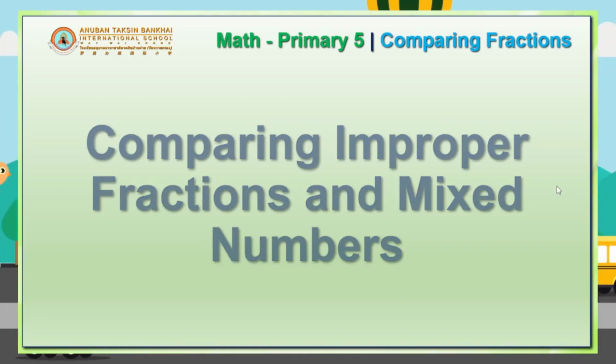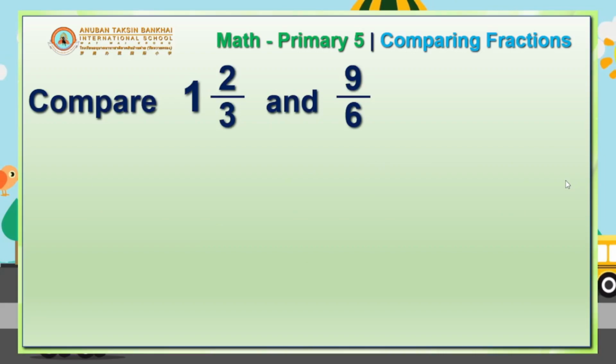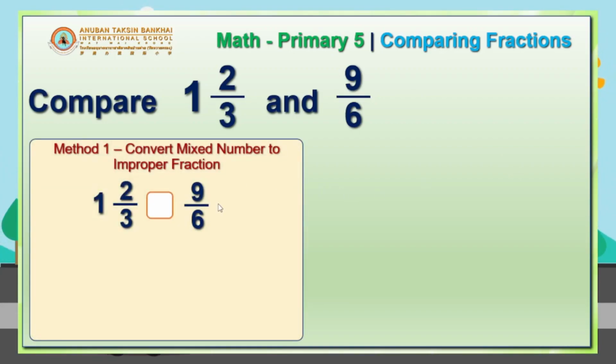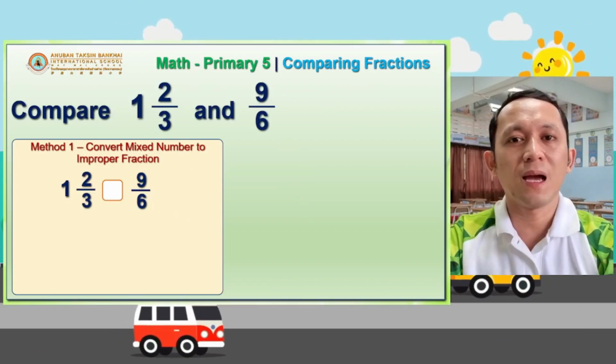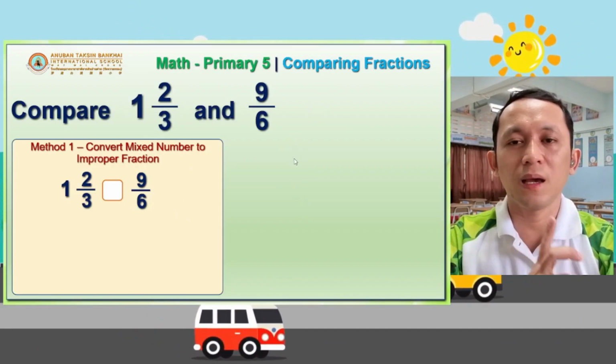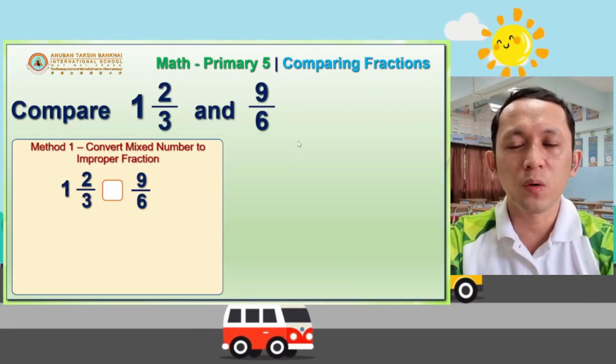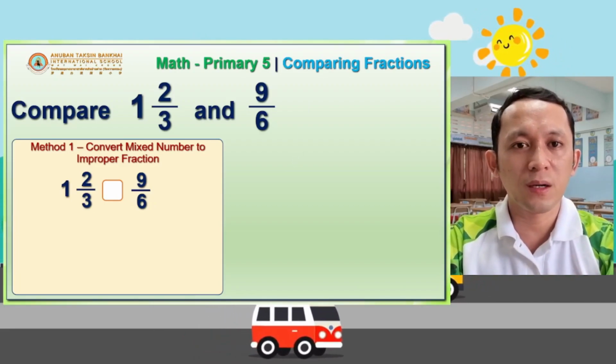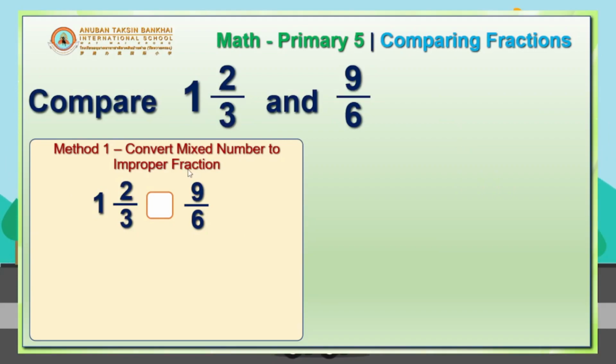Let's compare 1 and 2 over 3 and 9 over 6. So how are we going to do this? Now, we actually have two methods on how to compare these fractions. Let's discuss first method number 1, which is we convert mixed number to improper fraction.